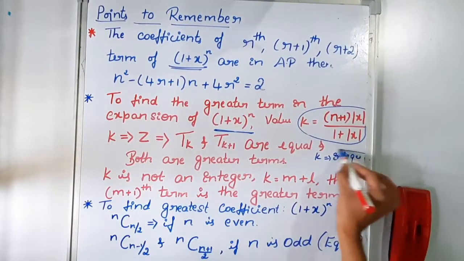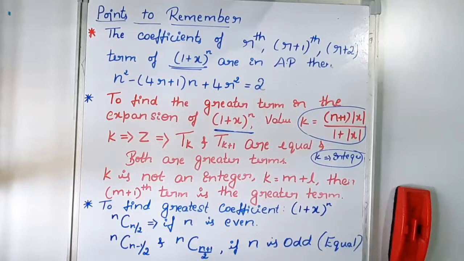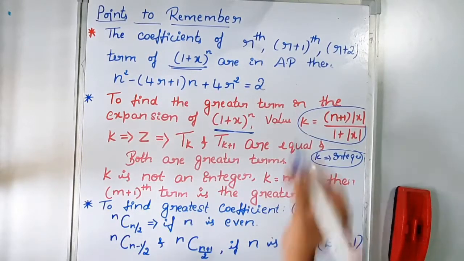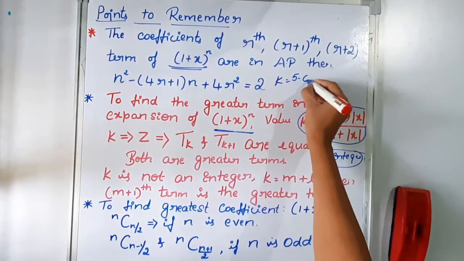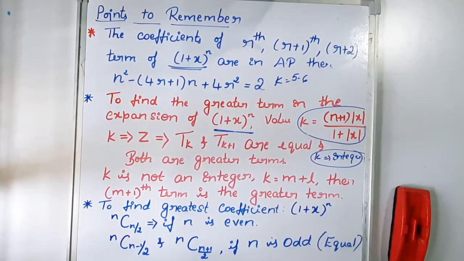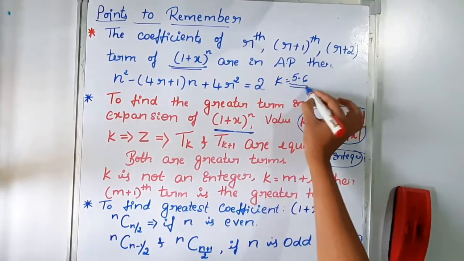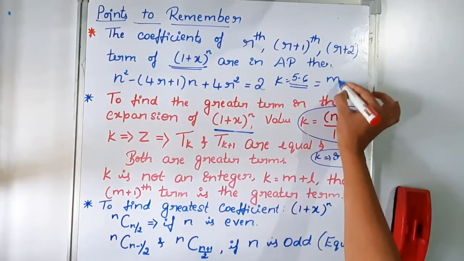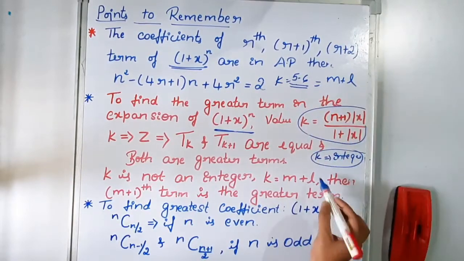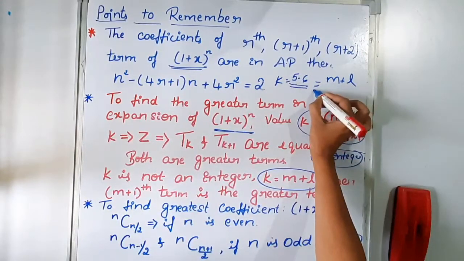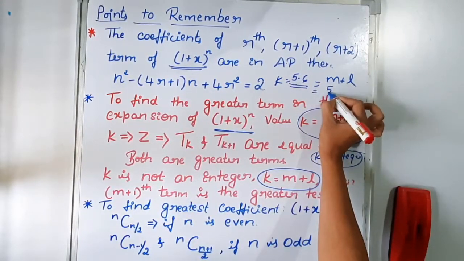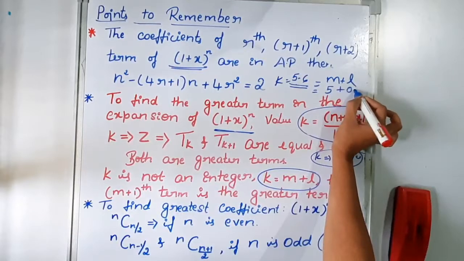If k is an integer. Suppose k is not an integer. For example, if you get the value of k as 5.6. Now this is not an integer, but this can be written in the form of m plus l. Here I have taken k is equal to m plus l. M plus l is nothing but 5 plus 0.6.